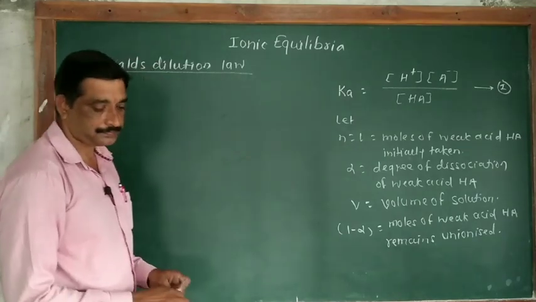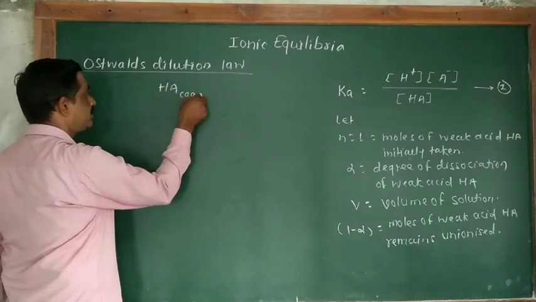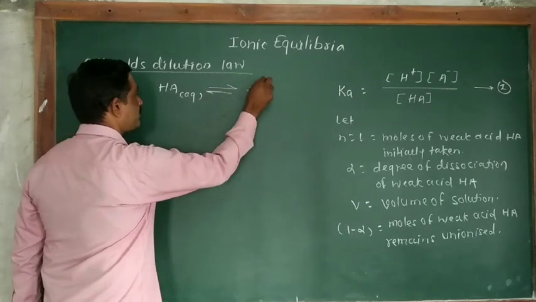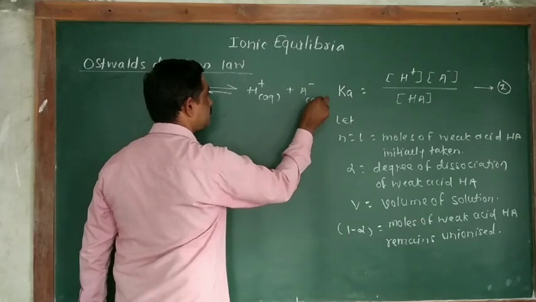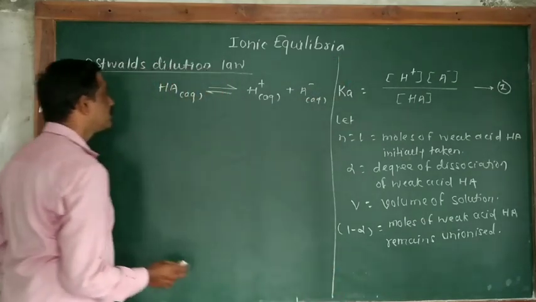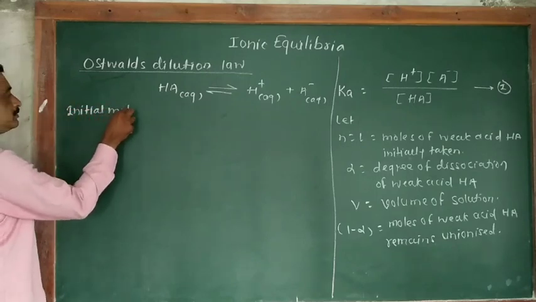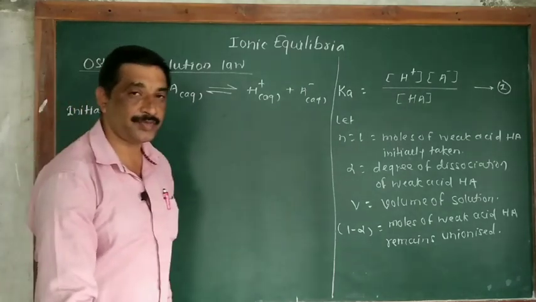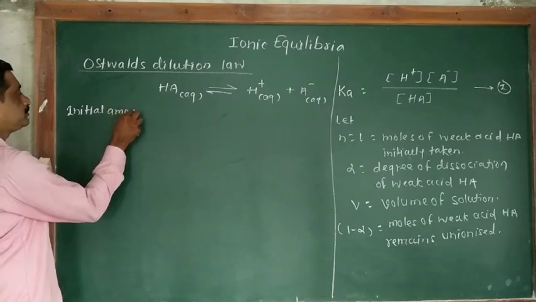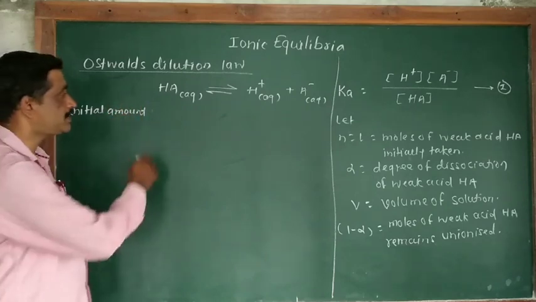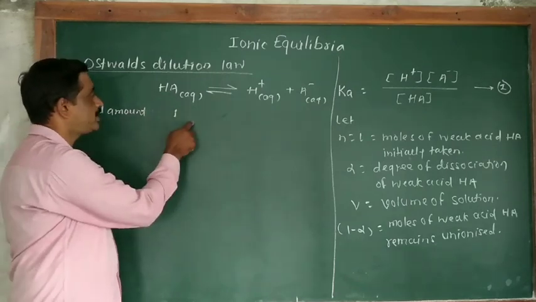Again we consider the equilibrium form of the reaction. HA gives H plus ions plus A minus ions. When we consider the initial moles in this chemical reaction, or the initial amount of each species, we take initially 1 mole of weak acid, so the initial amount is 1.